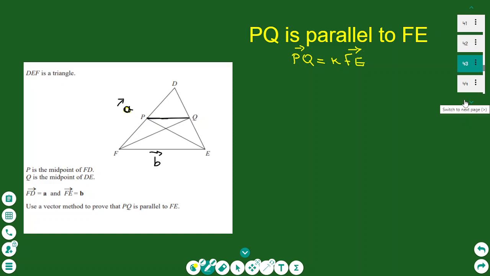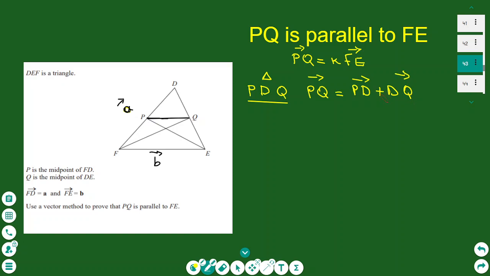So for PQ, an equation I can make here, I can use the triangle PDQ. PDQ is a triangle, and using this triangle I can express the vector PQ as equal to the PD plus the DQ.